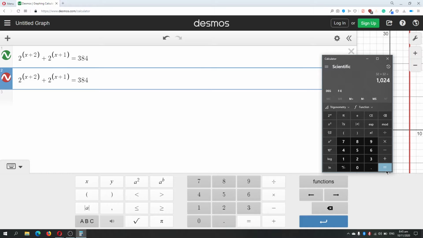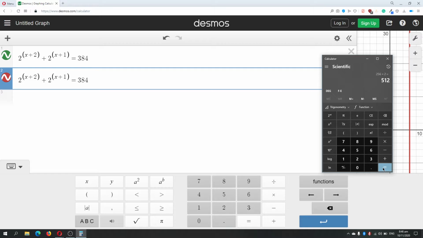So, sobra-sobra na siya, hindi natin isasobra. So, 32 times 2, pang-6 na 2. And then, times 2 ulit, that is the 7th. Ito yung 8. So, hindi natin ma-express.